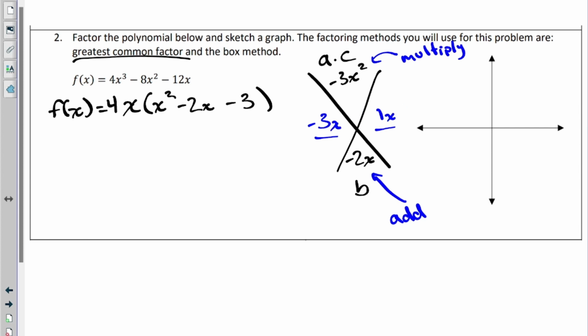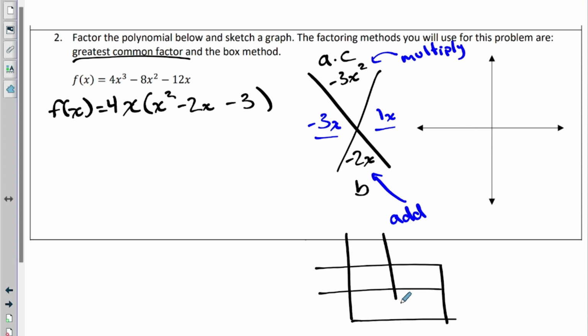So then the box method part is, what do you do with this? Now, the leading coefficient is 1, and so we can take our little shortcut if we want, but I'm just going to go to the area model and do my due diligence here. And so then when we're in the area model, the box method, as it were, we have to put in the elements from the thing we're factoring, our original polynomial, into these 4 squares.